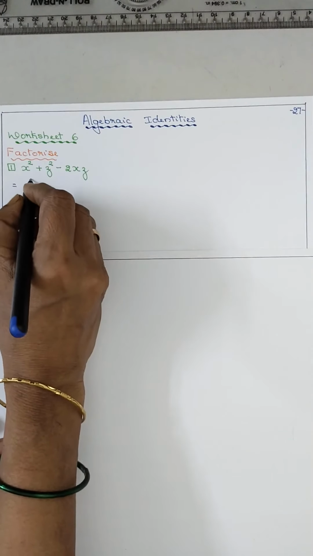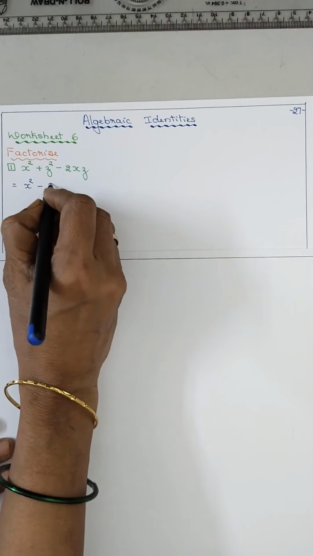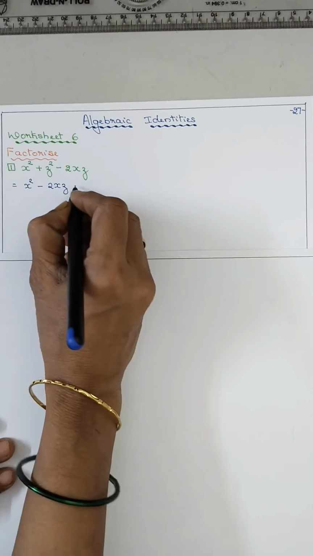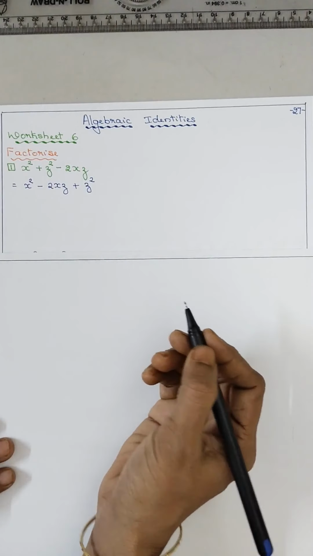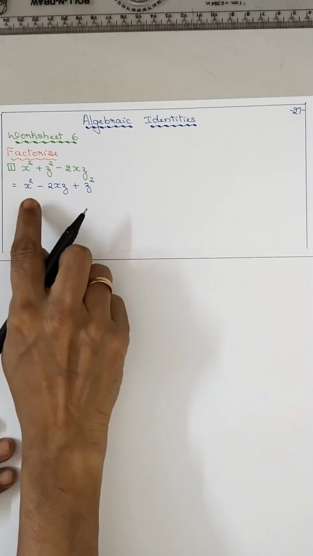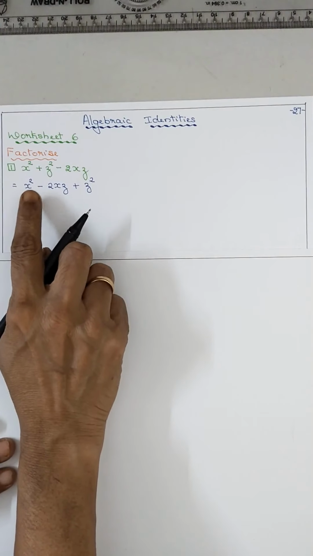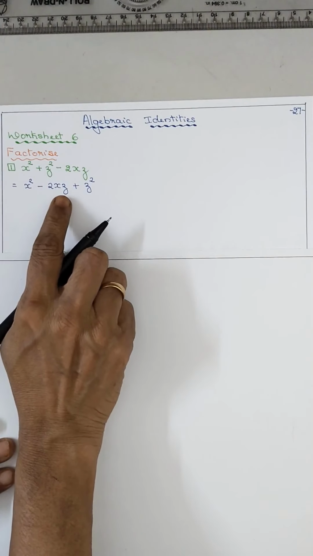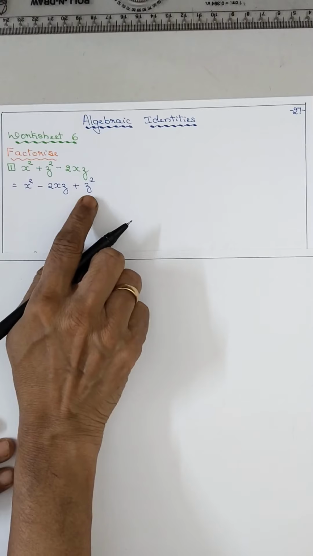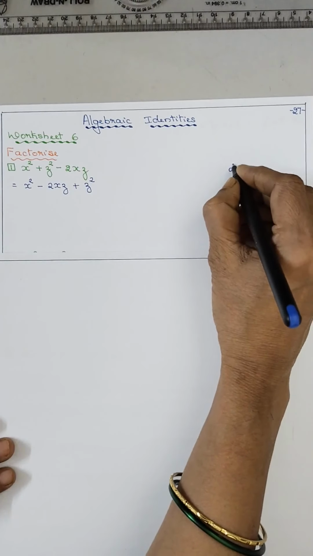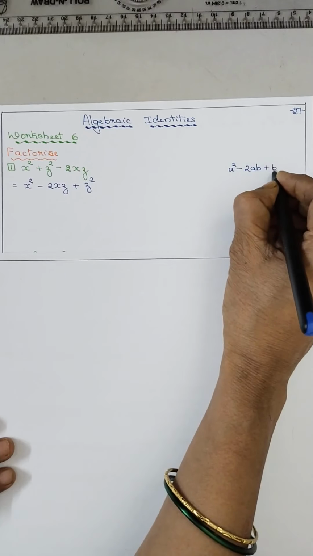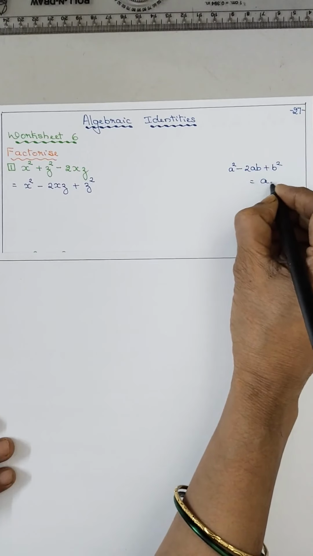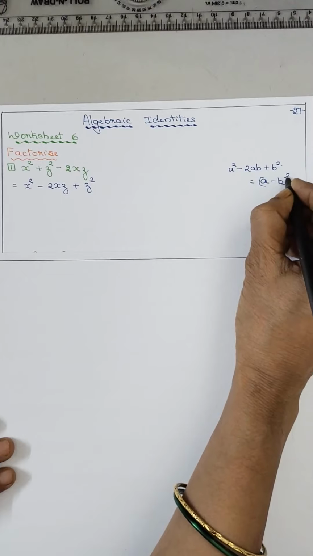It is x squared minus 2xz plus z squared. Now it is in the format a squared minus 2ab plus b squared, which is equal to a minus b the whole square.